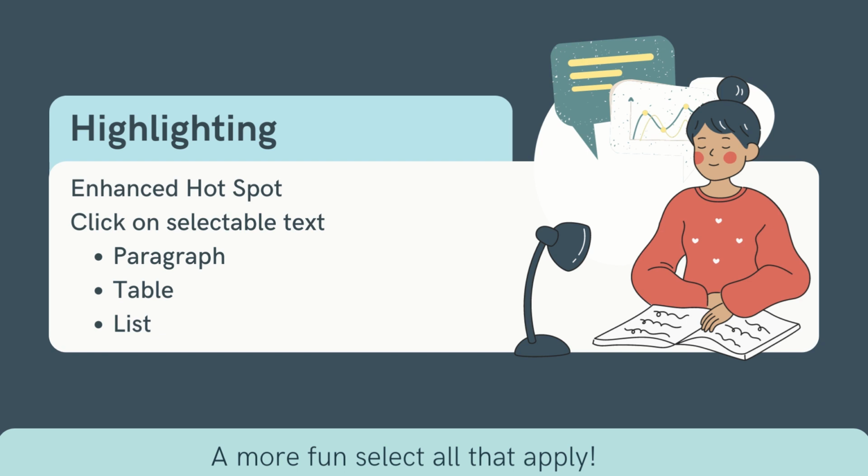And it can be a variety of things from highlighting what are the critical actions to highlighting what alarm signs and symptoms are noted. Really, I like to think of this as just a more interesting version of a select all that apply. With these on the exam software, as you hover over the text, pre-selectable text will appear, and you just simply have to click on which parts are or are not important to highlight them.